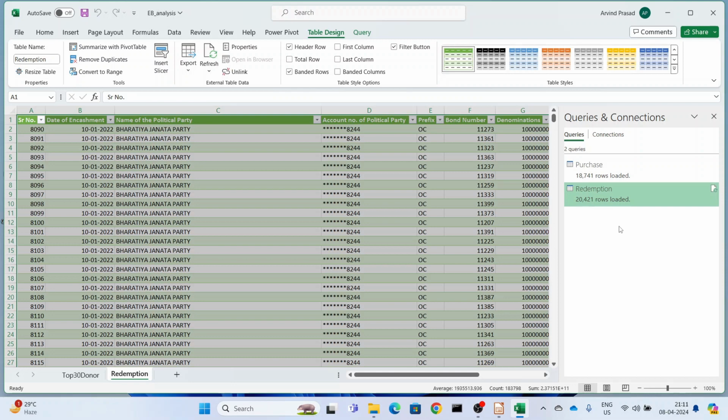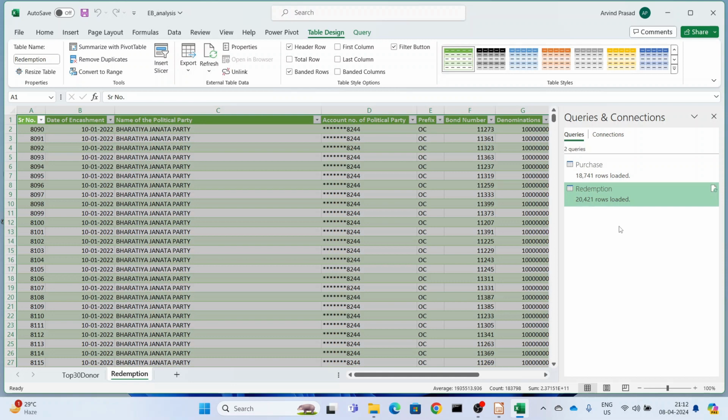We were told by State Bank of India that all the information available to it has been provided. But this difference clearly shows that roughly 2,000 bonds' information is just not available. That is, who were the purchasers? They were redeemed, but the purchaser information is not available.